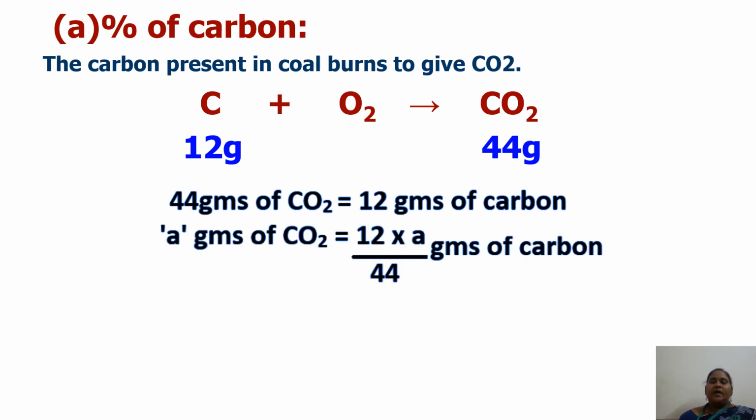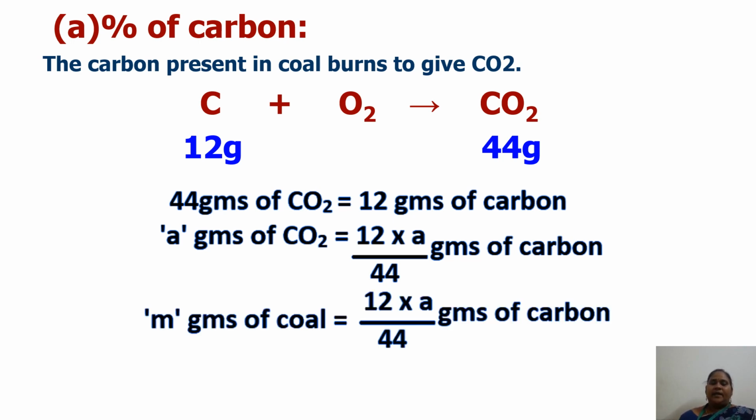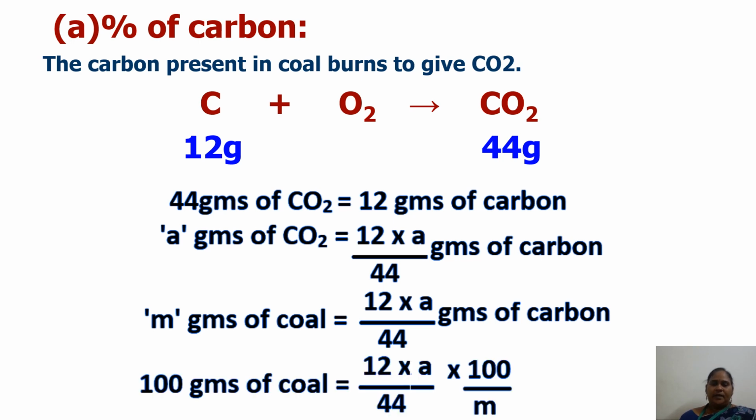That is, A grams of carbon dioxide contain 12 into A divided by 44 grams of carbon. And this carbon is present in m grams of coal, and hence we can write that m grams of coal contains 12 into A by 44 grams of carbon. In order to find the percentage of carbon, let us find it for 100 grams.